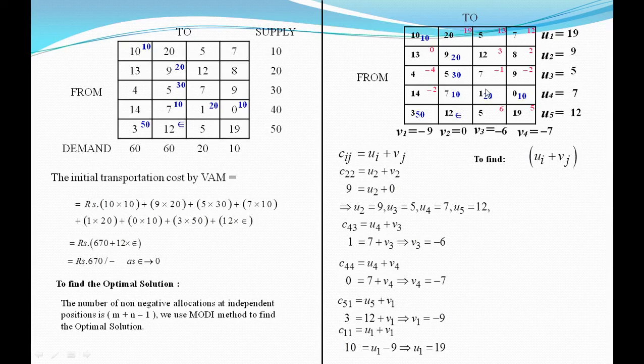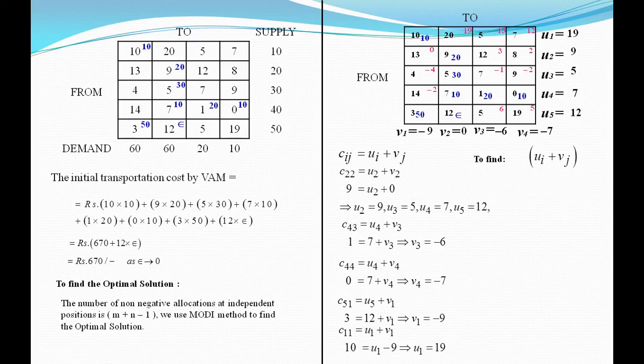Can you identify how I'm writing all these numbers in red color? You can check with any number. Minus 9 plus 5, that is minus 4. These red numbers are available only in non-allocated cells, because the blue color cells will not contain a number in red color. Can you follow this?